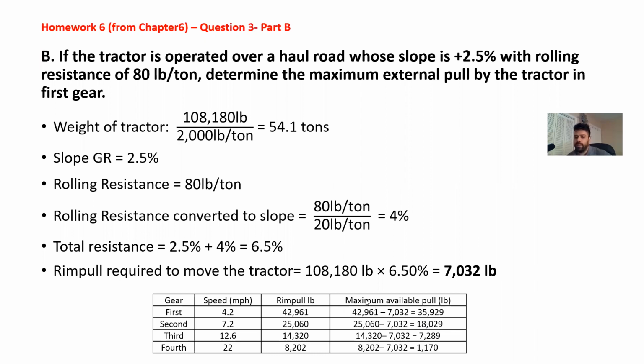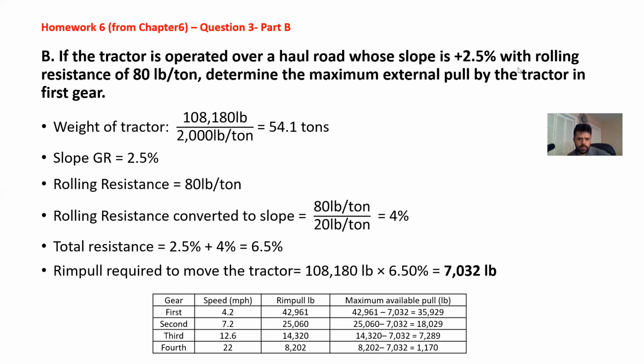So the power that the machine generates minus the power needed to overcome total resistance is the available pull. And as you can see, in the first gear, we have the maximum available pull, and it goes down and down.